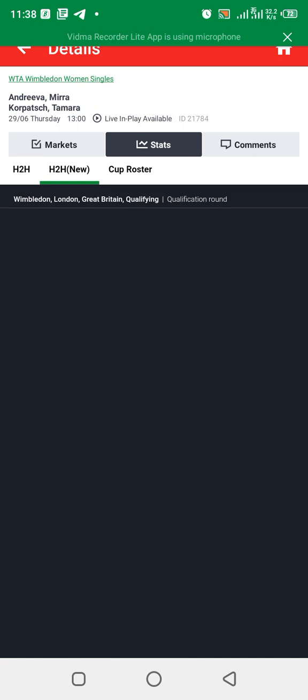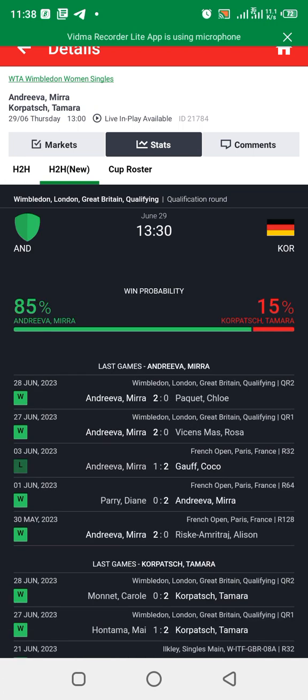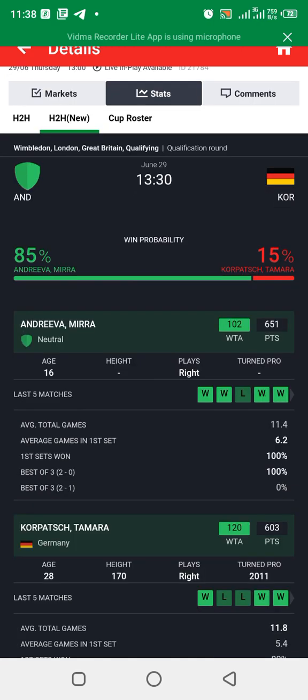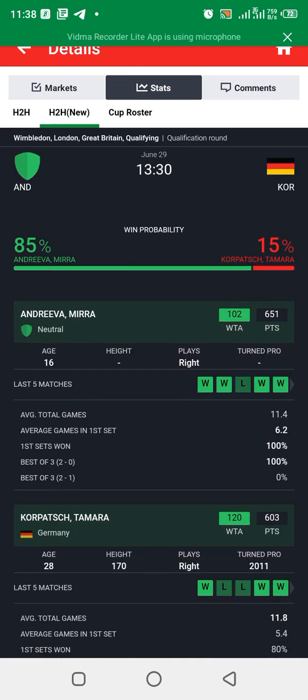By checking head-to-head, we will see that the average total points for Mira is 11.4. So there's a probability that Mira can play above this in this particular match or below this. But let's assume we are predicting over for this match. So just remove 1 point from Mira, so let's assume we are having 10 points.